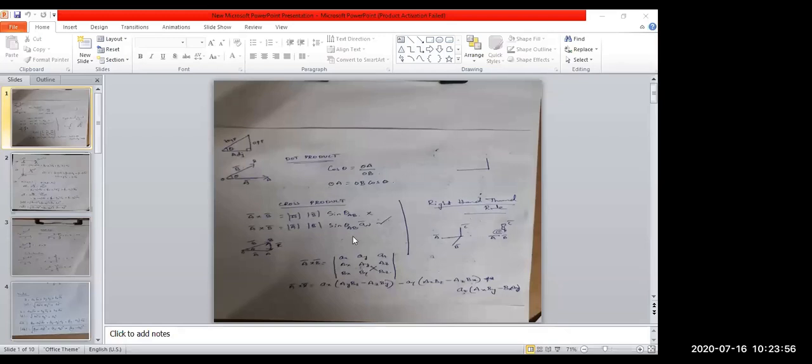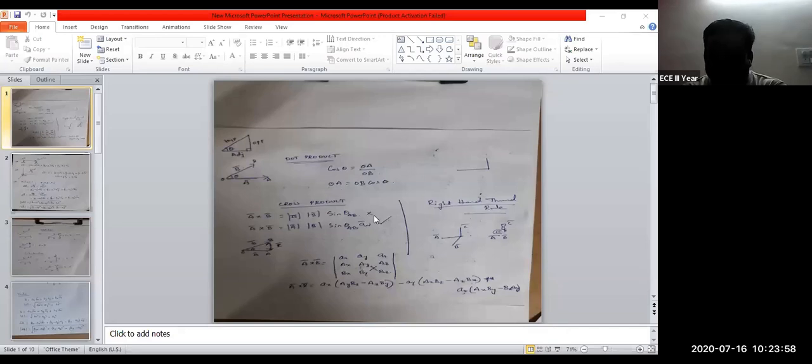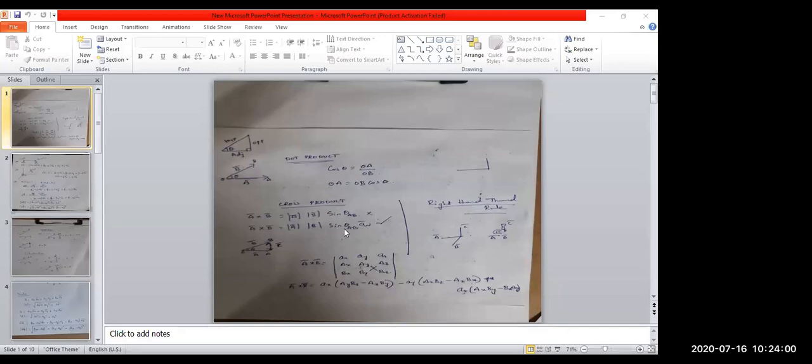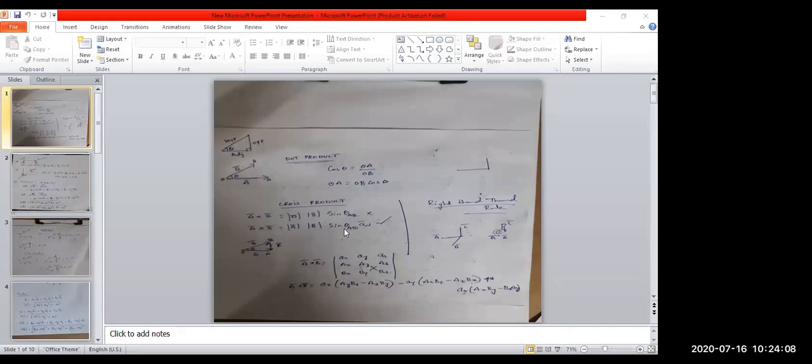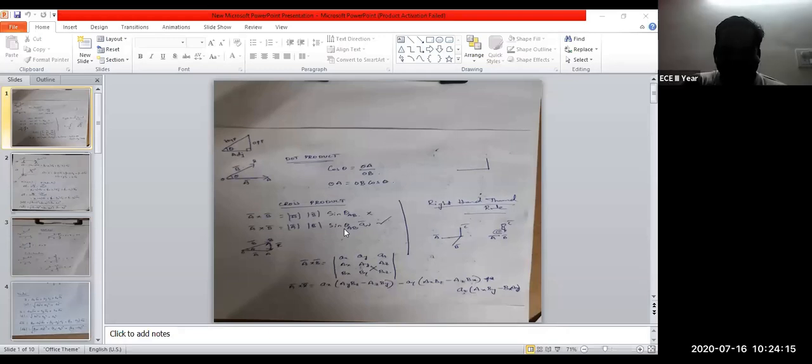Perpendicular to both. So the perpendicular direction we get with sine or cos? Sine. So due to that reason, the cross product is always represented by what?